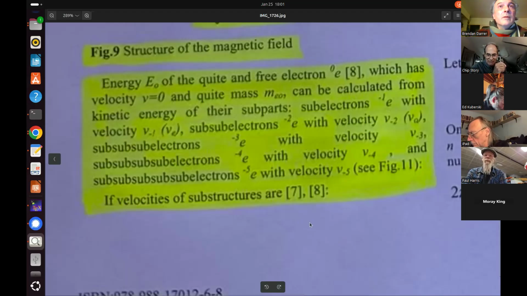Sub-electrons with a specific velocity, v1, v2, v3, v4, v5, all the way up to something that's got 5 subs in it. Somebody needs an exponent.